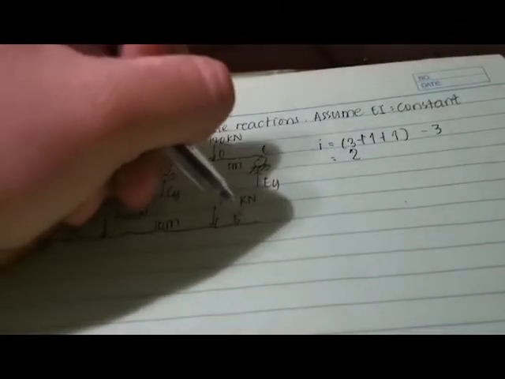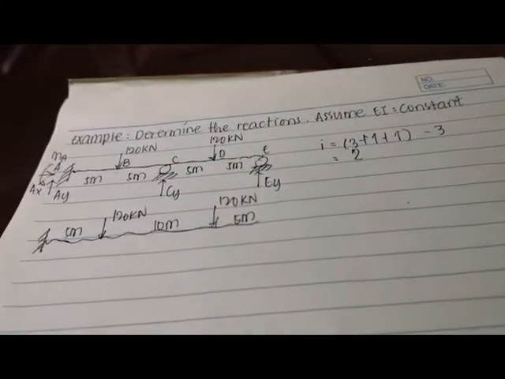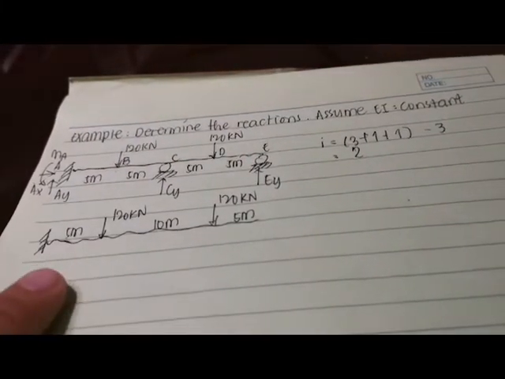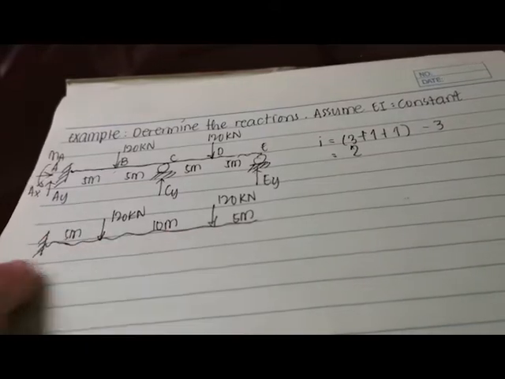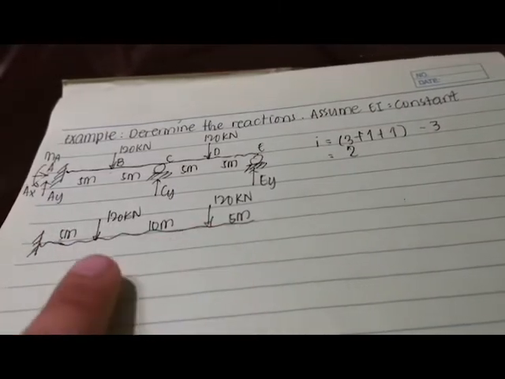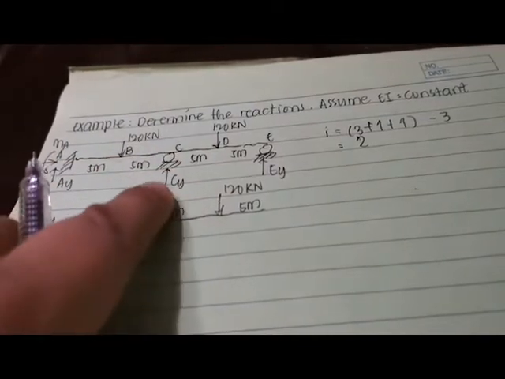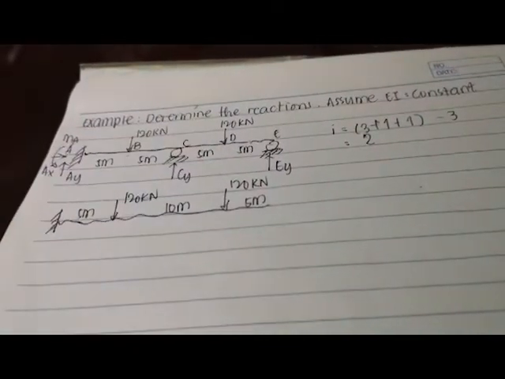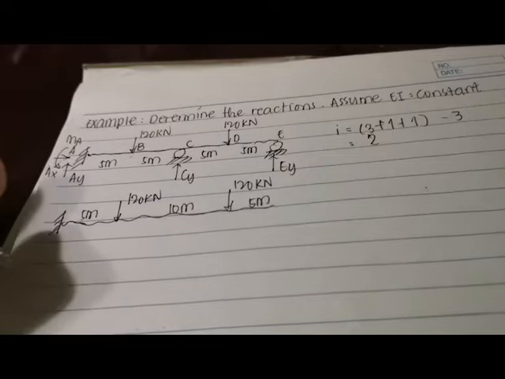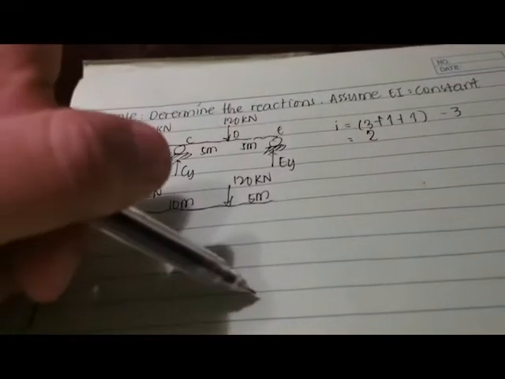And then this is another 5 meters. So this is our primary beam subjected to the original loadings, with removed redundants.